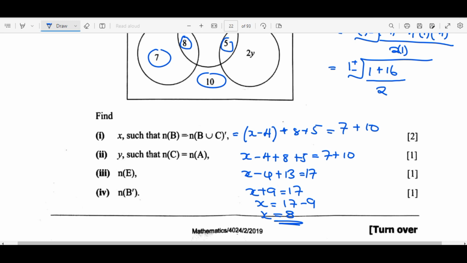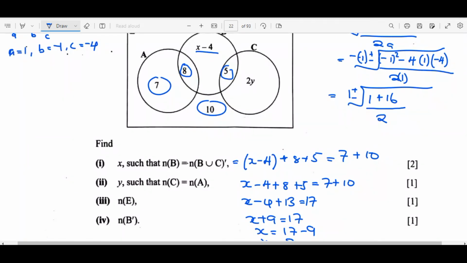So we can move on and find y such that the number of set C is equal to the number of set what? Set A. So it is equal. Meaning, what are we going to do? Number of set C. What do we have in set C?